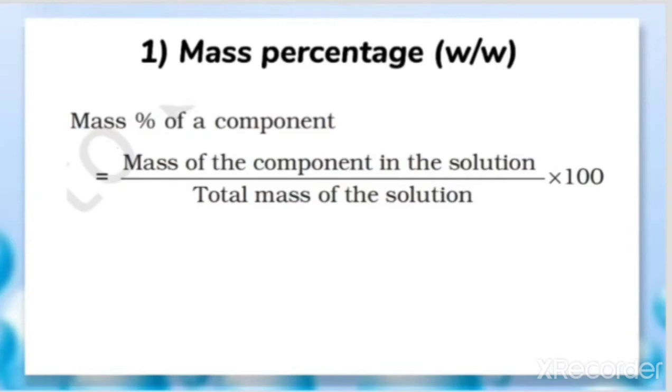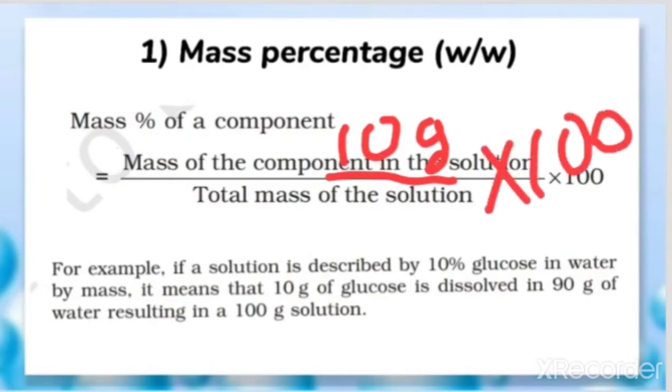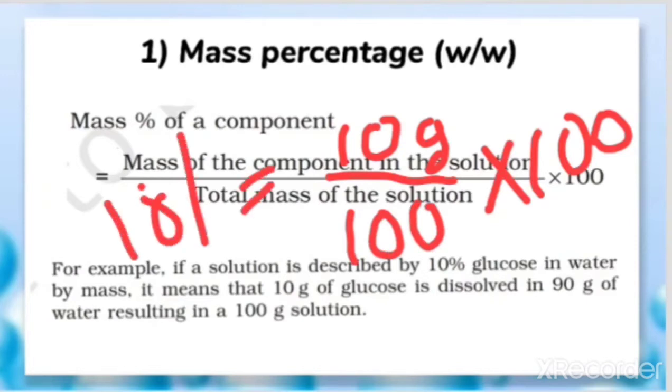For example, if we say there is 10% glucose in water by mass, what it means is that 10 gram is the mass of glucose divided by the total mass of the solution, which should be 100, because it is 10%. Then only we'll be getting 10%.